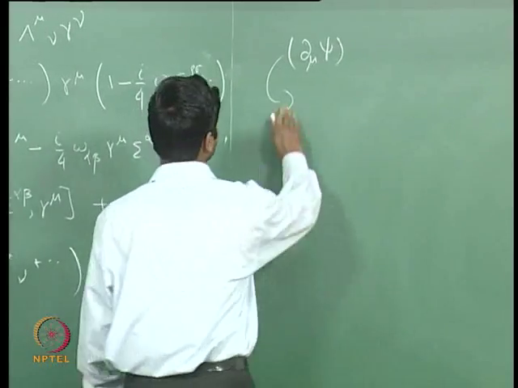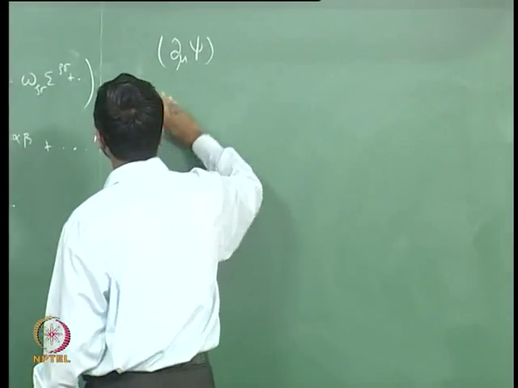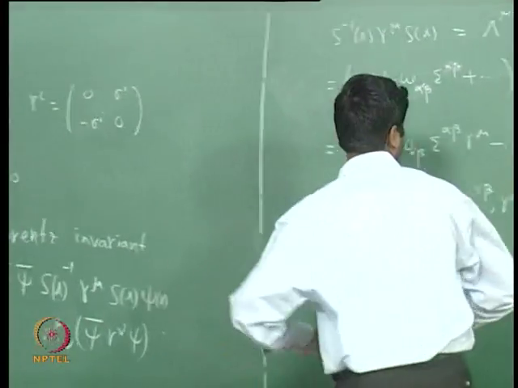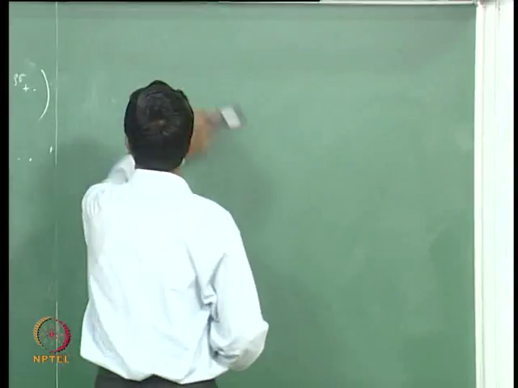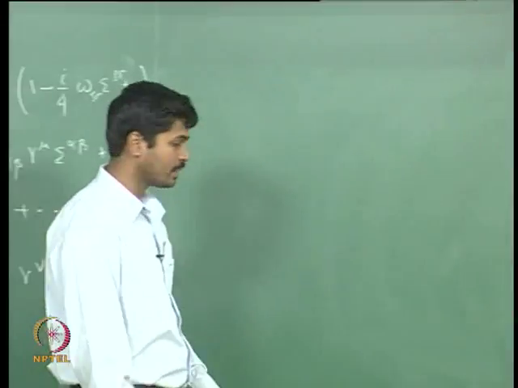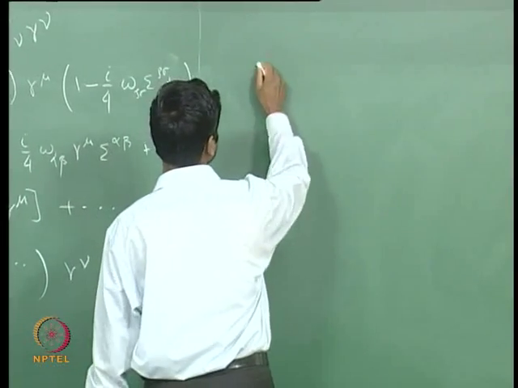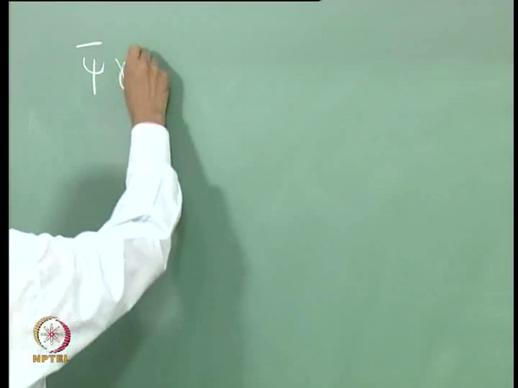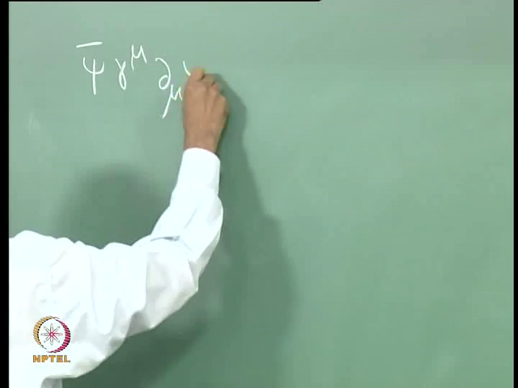So, let us try to construct a term which is first order in del mu psi and which is Lorentz invariant. To do that, consider this term psi bar gamma mu del mu psi.